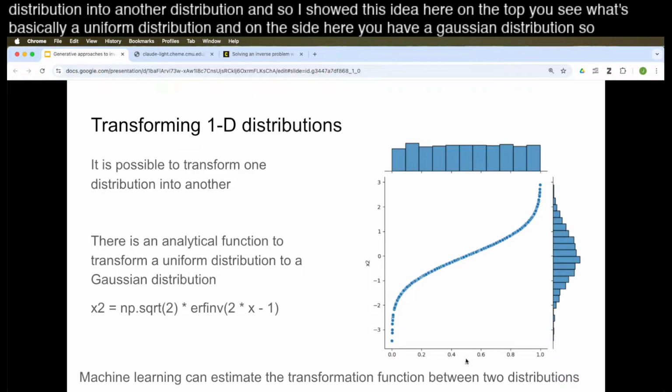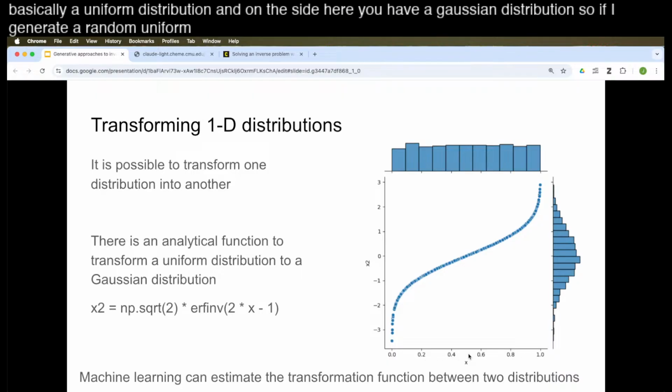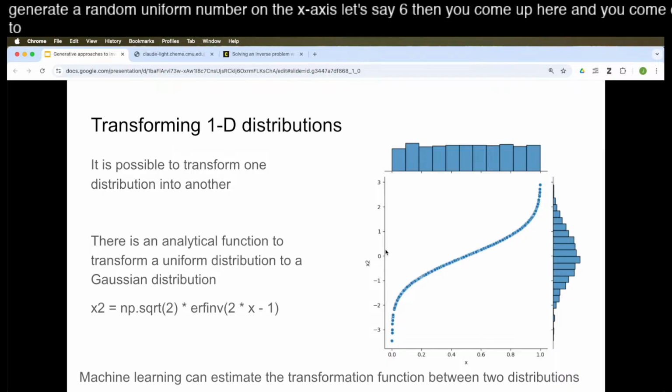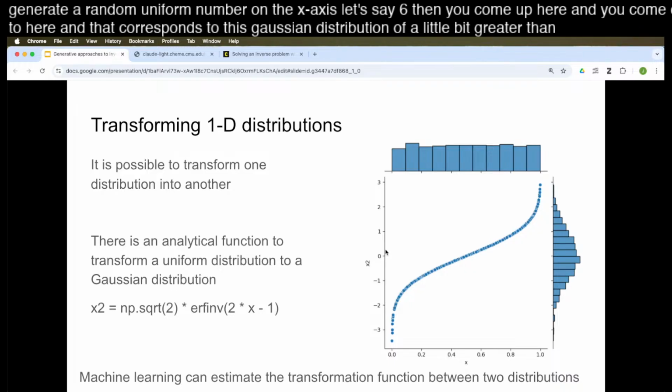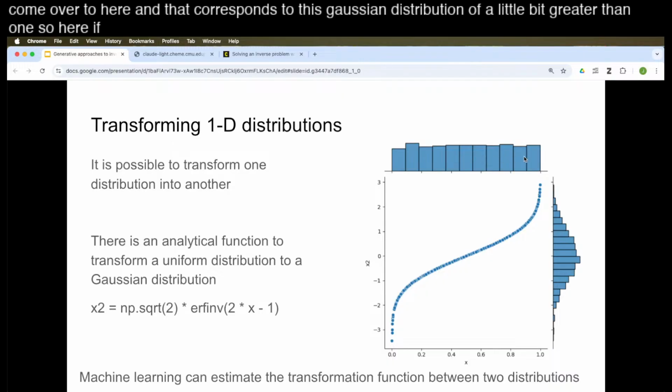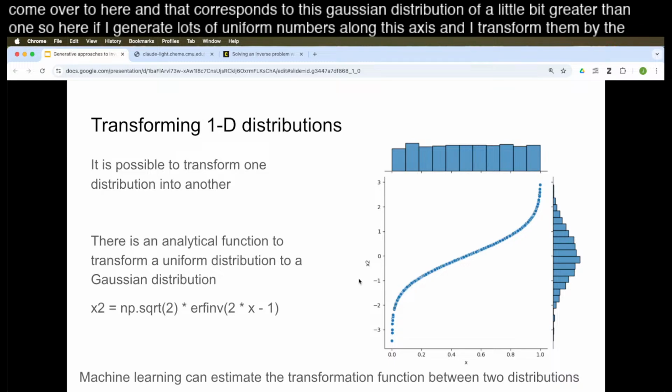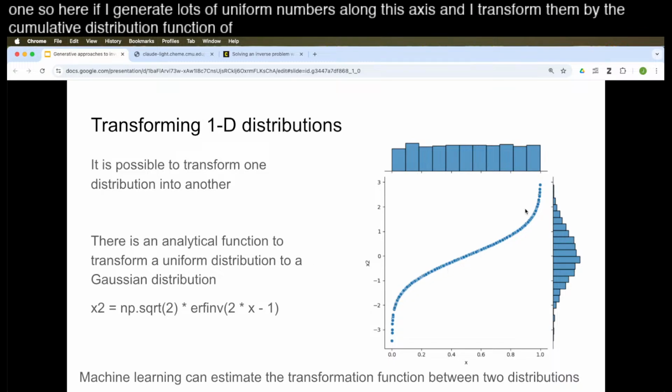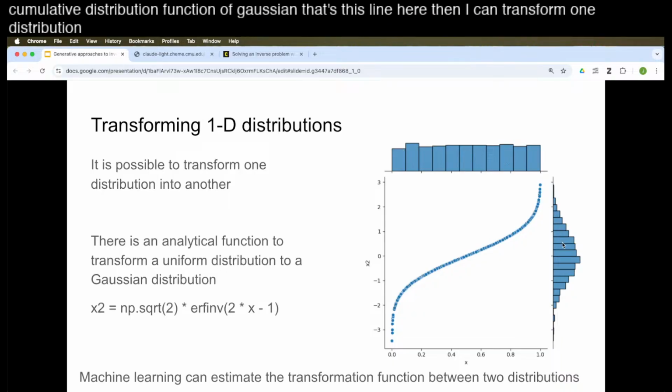So if I generate a random uniform number on the x-axis, let's say 0.6, then you come up here and you come over to here, and that corresponds to this Gaussian distribution of a little bit greater than 1. So here if I generate lots of uniform numbers along this axis, and I transform them by the cumulative distribution function of Gaussian, that's this line here, then I can transform one distribution into another.